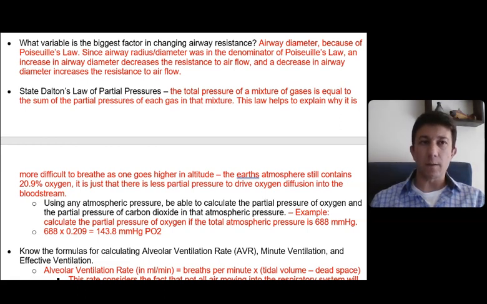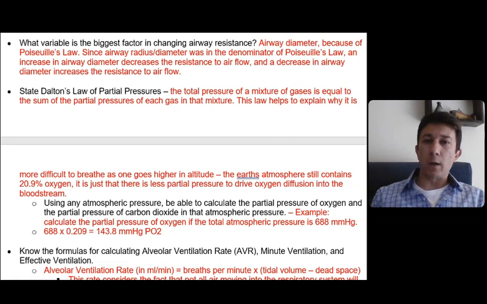Just like we saw that the biggest factor in changing resistance to blood flow is blood vessel diameter, right? And this all comes back to that French physiologist by the name of Poiseuille and Poiseuille's law. So we saw that Poiseuille's law determined resistance by using a couple of variables, and one of those variables was the radius or the diameter of the vessel that blood or air is flowing through.